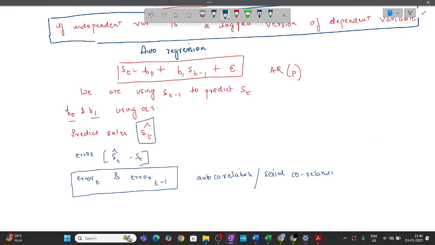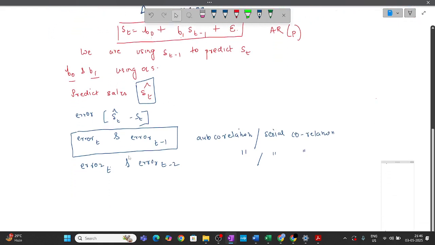Or for that matter, if there is a correlation between error at time t and error at time t minus 2, then too autocorrelation or serial correlation exists.